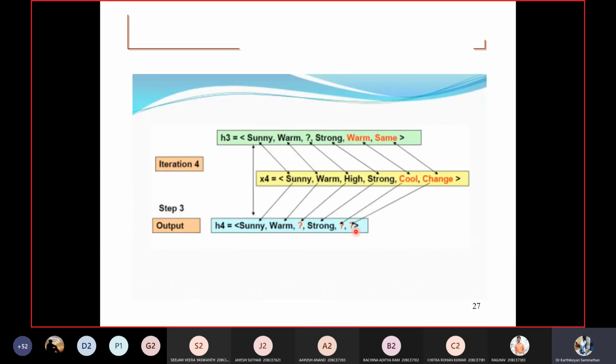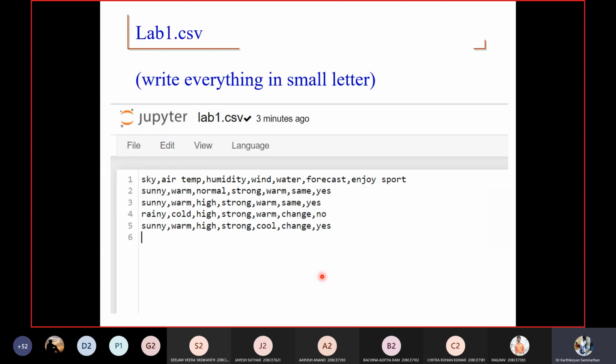You can keep anything, but these three are the conditions. Now this is what we call version space. From the most specific to the general, whatever hypotheses are in between, such things we call version space. Okay. So now sunny, warm, question mark, strong, question mark and question mark. These are the final hypothesis.